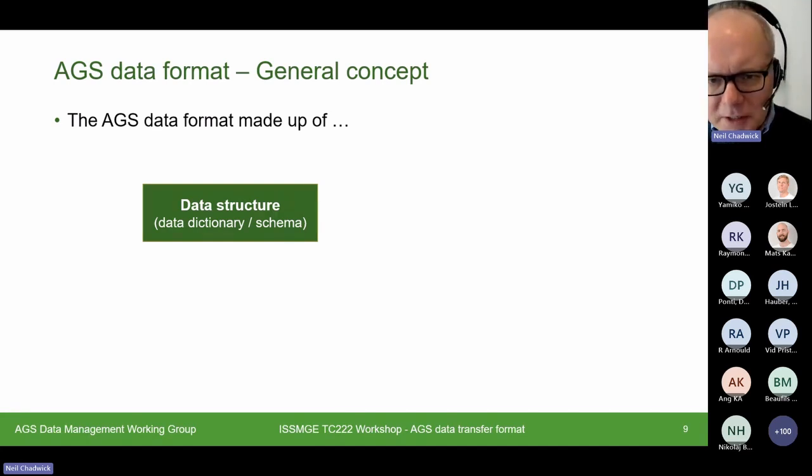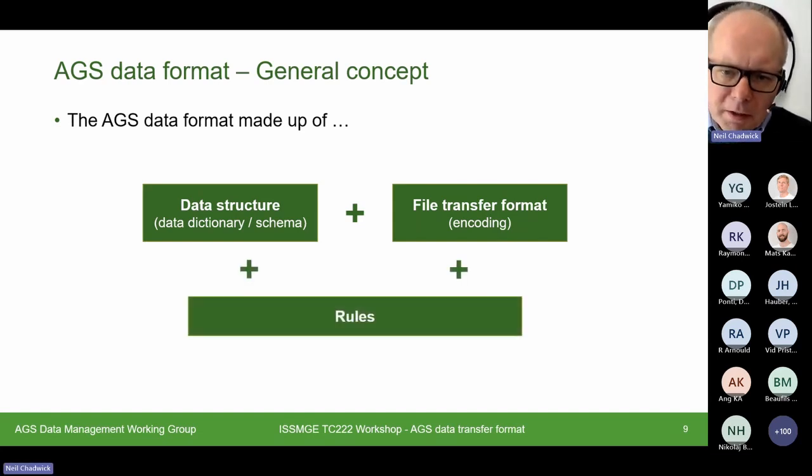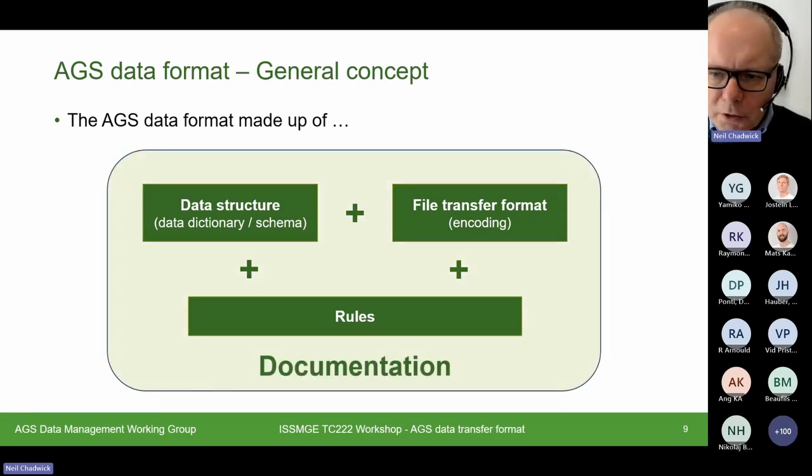You might think of that as the schema. And then we have the file transfer format. So this is how we get from the structured data to that final file deliverable. You might want to think of that as encoding. And these are defined and underpinned by a set of rules, and all this is, of course, captured in the documentation.